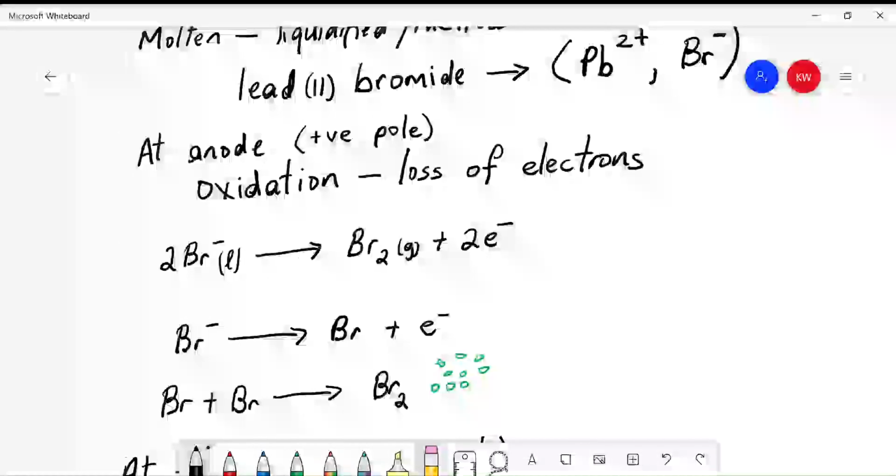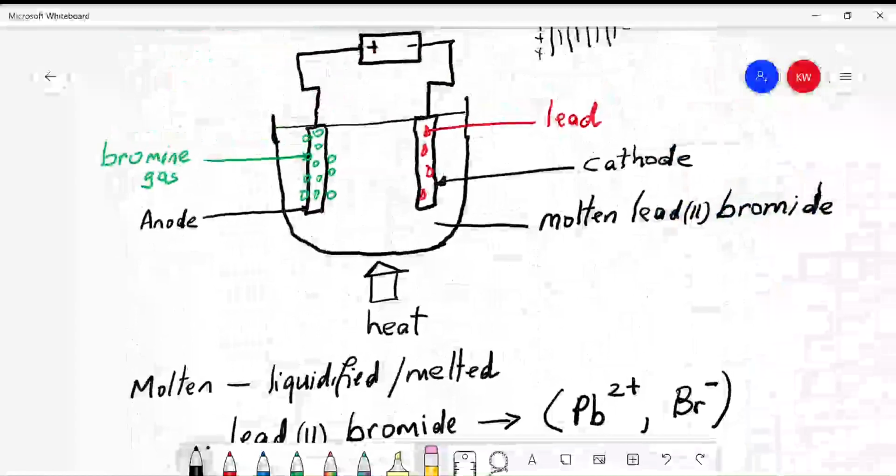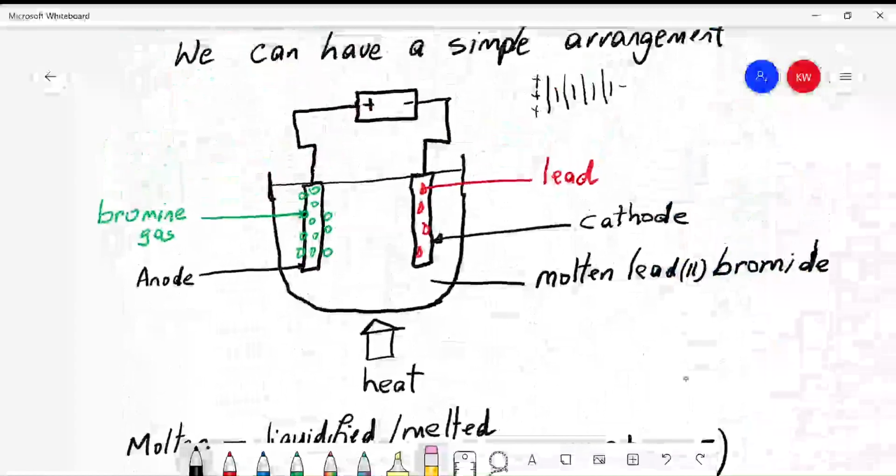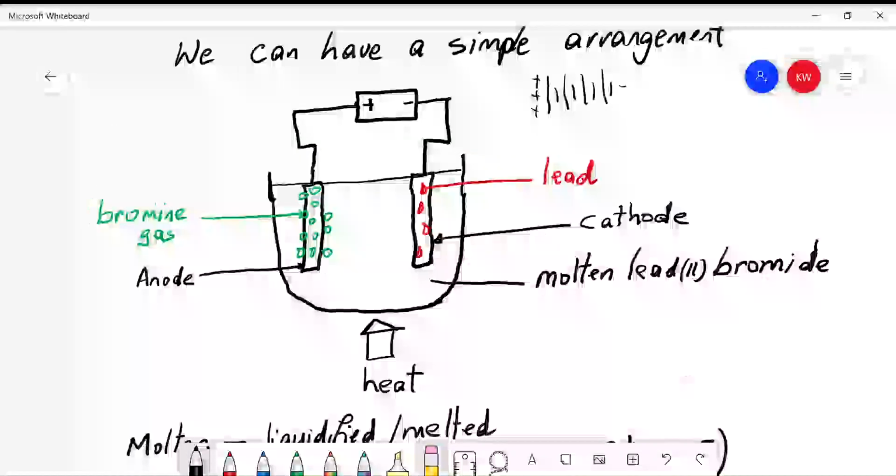We have the bromide losing an electron, and we have a bromine atom, and two bromine atoms combine to give our bromine molecule, and these bubbles here represent the bromine gas. So if we look back at our diagram, what we're actually seeing is bromine gas being given off at the anode.